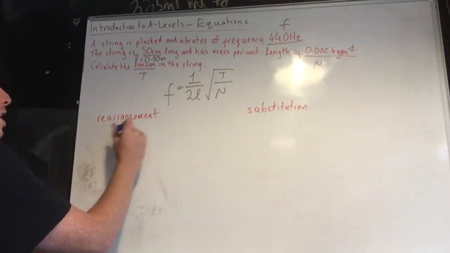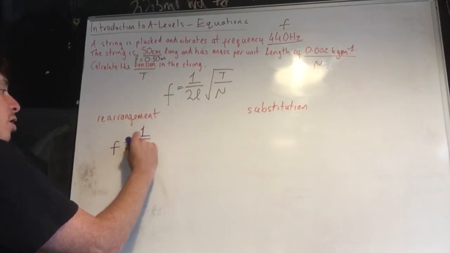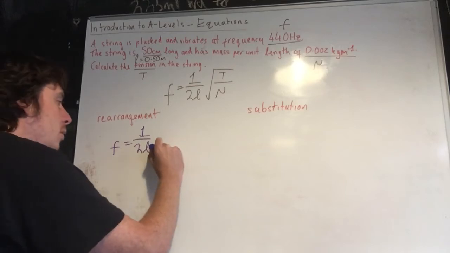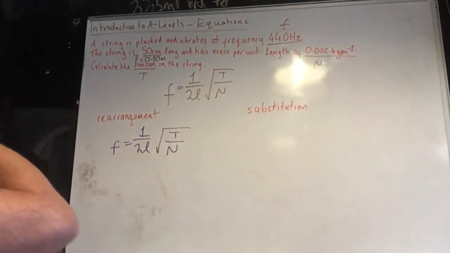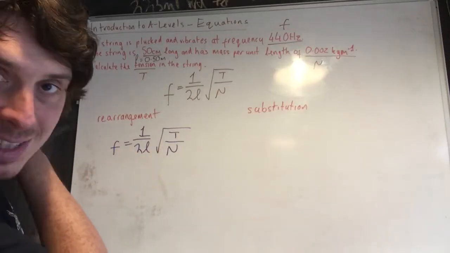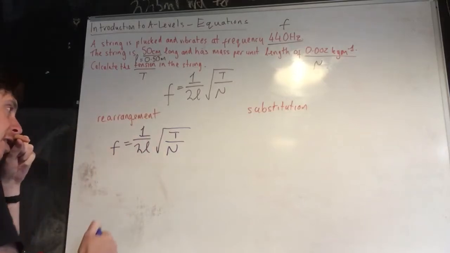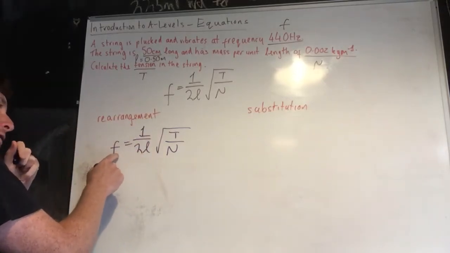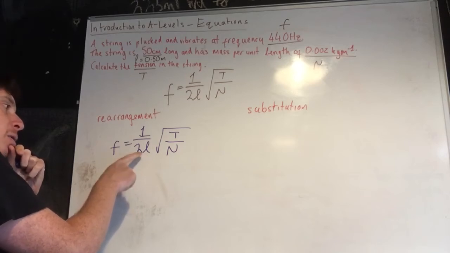Okay, so we need to make T the subject. So f equals 1 over 2L times the square root of T divided by the mass per unit length. Let's take this portion of the equation first. 1 equals f times 2L.